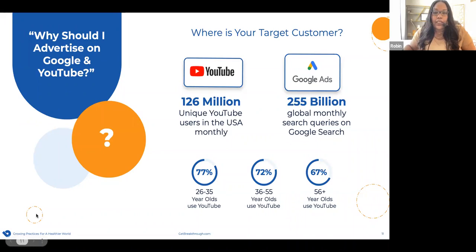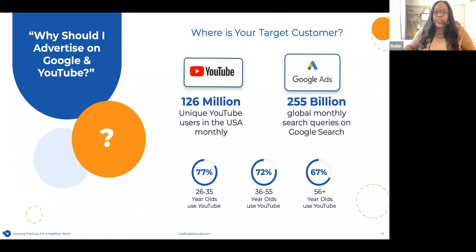On YouTube, they have over 126 million unique users each and every month in the United States. And Google has 95% of the search volume in the United States, which leads to over 255 billion searches per month globally. So with 95% of the searches, Google ads really target everyone in your marketplace. They have, depending on who you ask, 95 to 98% of the market share.